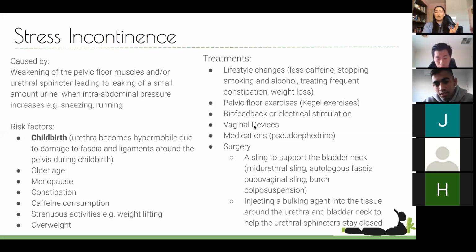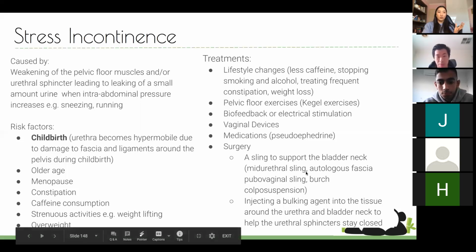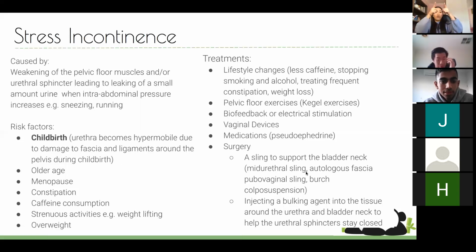There are devices apparently. There's a really controversial urinary sling that people had for a long time, and then it ended up causing all sorts of complications. So you don't really have to know too much about the surgical management, but one of the managements is a sling, where you have your urethra coming down and you attach a sling to it to create a kink in the urethra so that you can better suppress the area, and there's less effort for the pelvic floor muscles to actually close the sphincter.